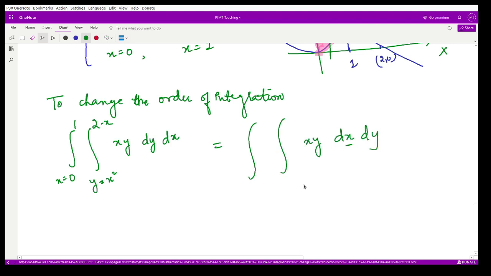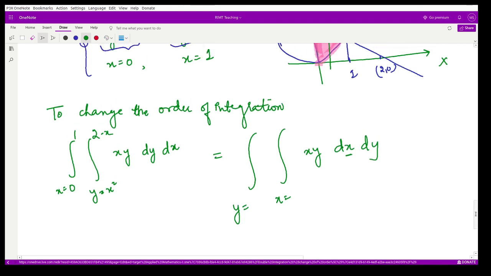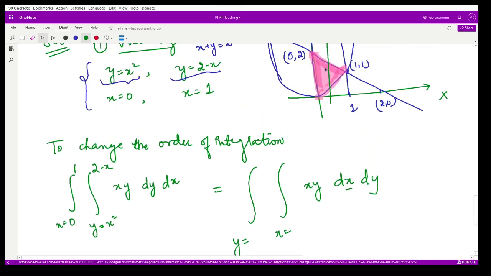That means you first have to write the limits of x and then the limits of y, but you do not know yet what are the limits, so you will determine these limits from this figure.